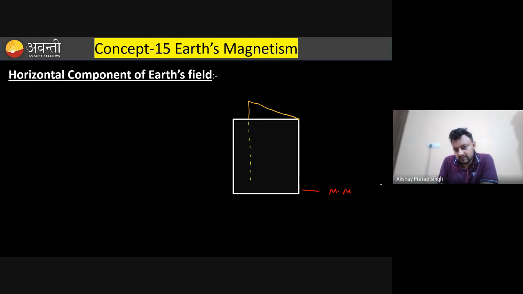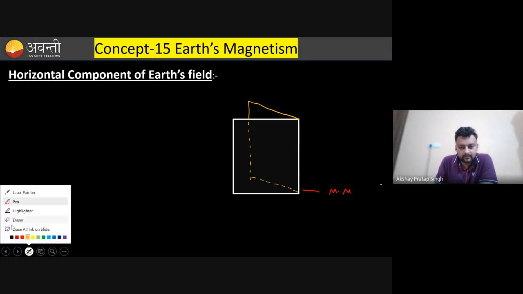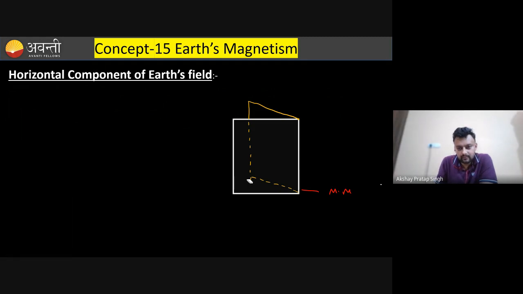I hope the diagram is pretty much clear to you. This is another plane, and this plane is the geographical meridian. Now listen to me. What's happening?